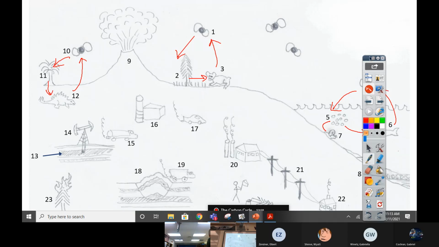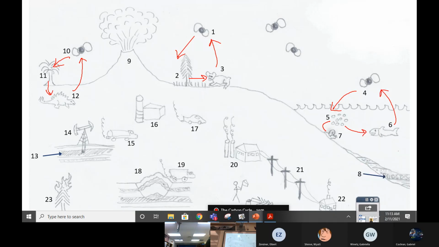Well, eventually, you know that snail is going to die. But its shell will last a long time. Whether it's a clamshell or coral, whatever, those shells build up in the sediments on the sea floor. And they get buried deeper and deeper over time.